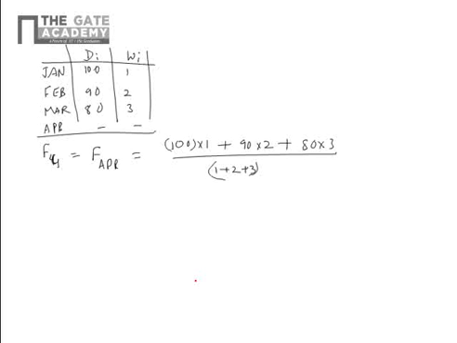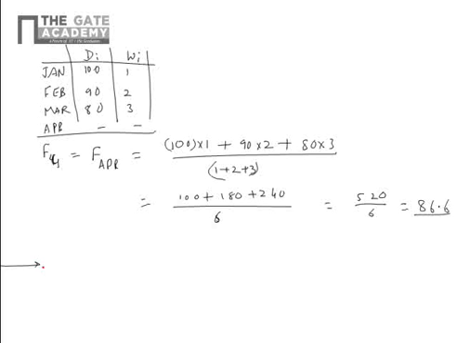You need to sum all the weights. Equals 100 plus 180 plus 240 divided by 6, so overall you will get 520 by 6, which is 86 point something.